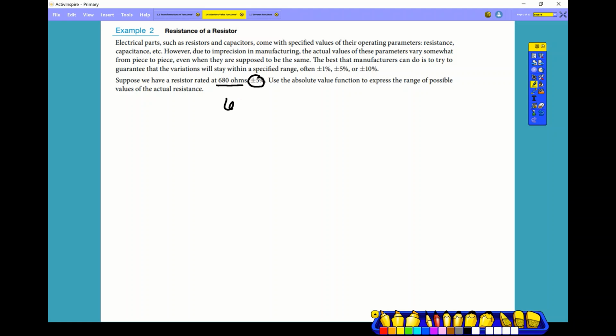Another way to say this is 680 ohms within 5%. That's another way to say that they're equal. So if you see that in the textbook, that's what that means. It wants us to use the absolute value function to express the range of possible values of the actual resistance.